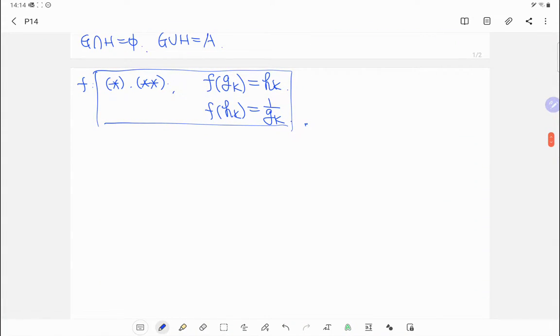Let's see why it will be like that. If we have f of gk, it becomes hk according to this one. So f of hk will be nothing but 1 over gk. So it satisfies f of x equals 1 over x.